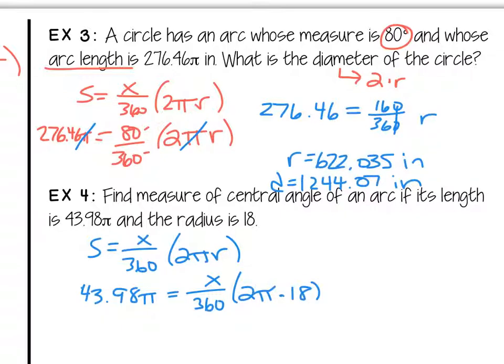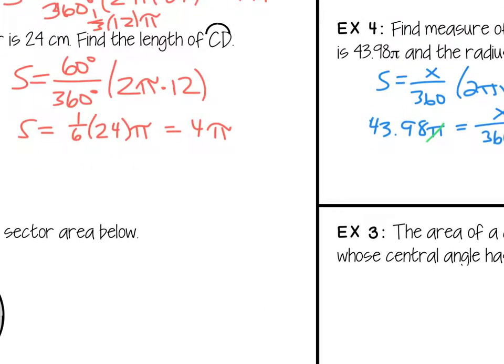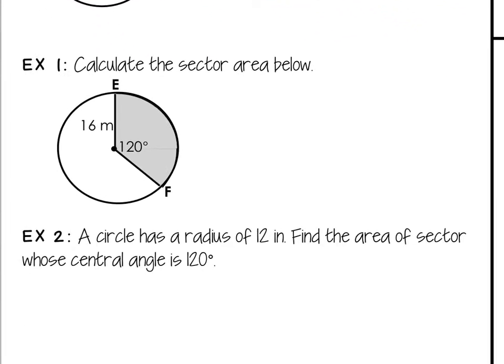Once again, we have pi on both sides, which gives me 43.98 equals 36 over 360 x. And then when I divide, I'm going to get that my degree is 439.8 degrees. And we can have a conversation about arc length and the angle being greater than 360. That just means it's going around the circle more than once.